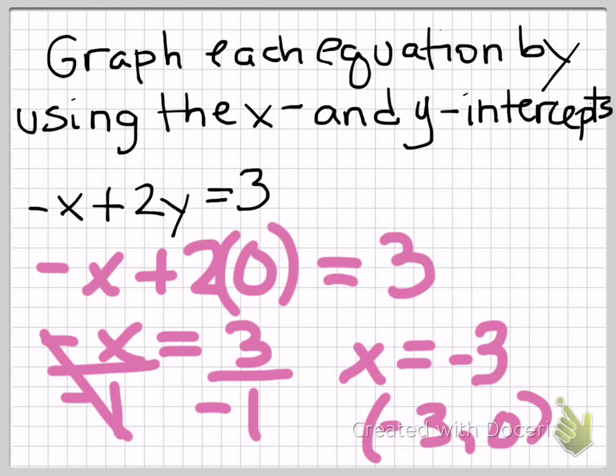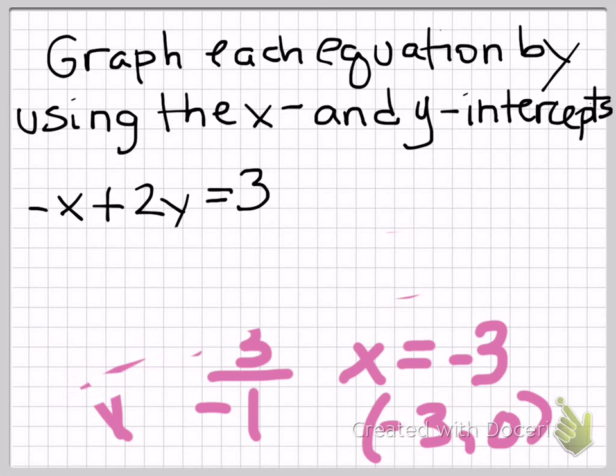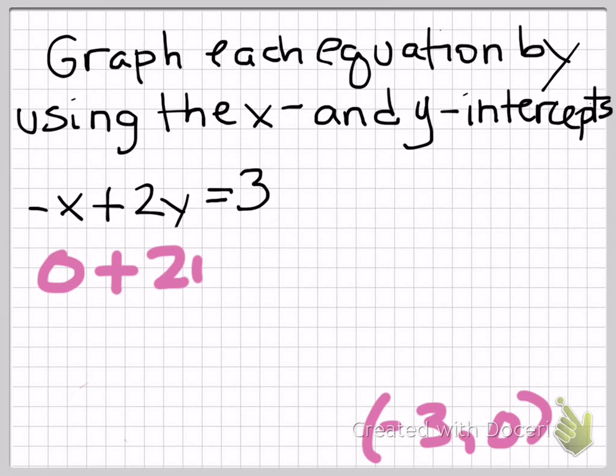Then I would need to find my y-intercept by doing the same thing, just plugging in 0 for x this time. So negative 3, 0, we'll keep that in mind. And now we're going to plug in 0 for x to find our y-intercept.